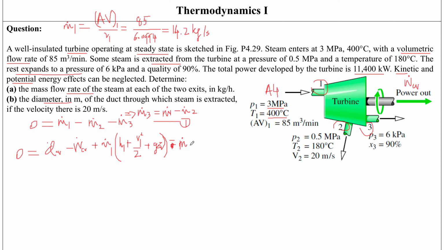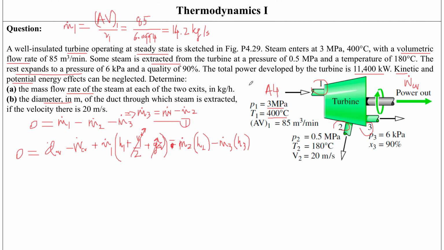So m dot 2 into the entire thing, but I don't need to write the entire thing because I already know that the kinetic energy effects are being neglected, the potential energy effects are being neglected, and I can just write minus m dot 2 into h2 minus m dot 3 into h3. Okay.